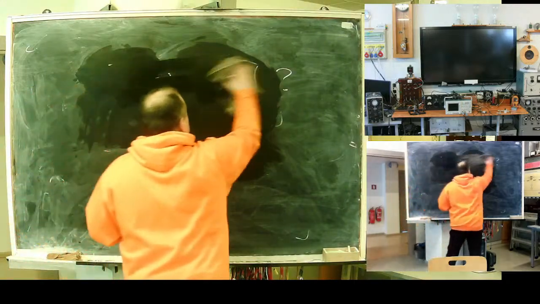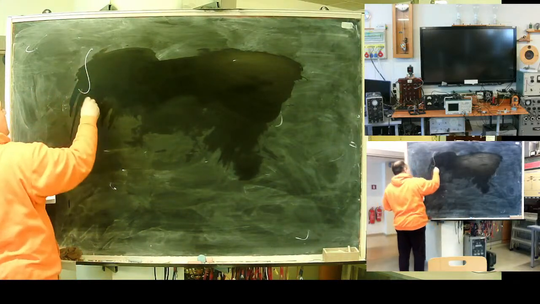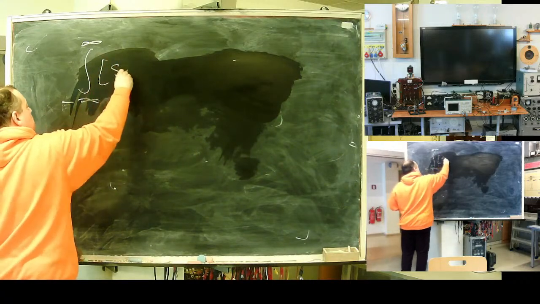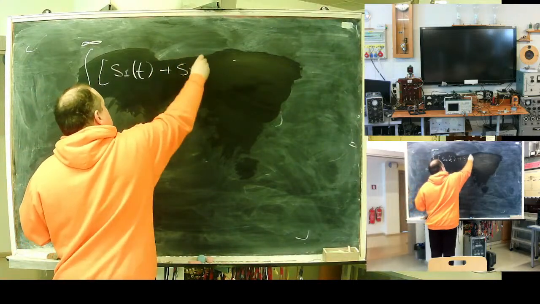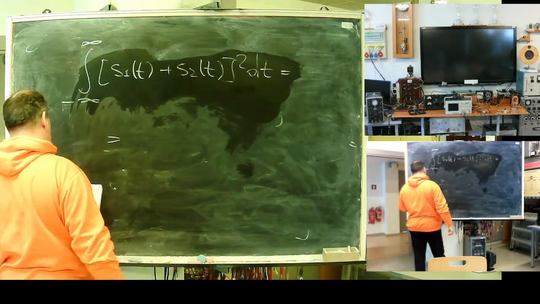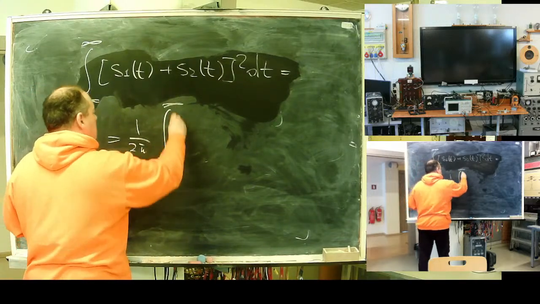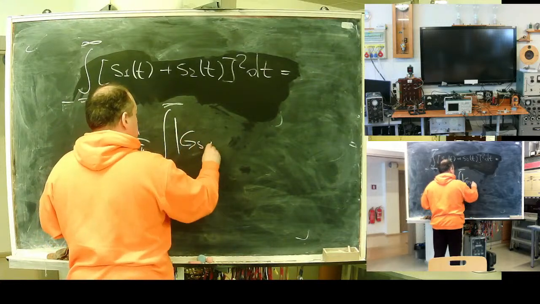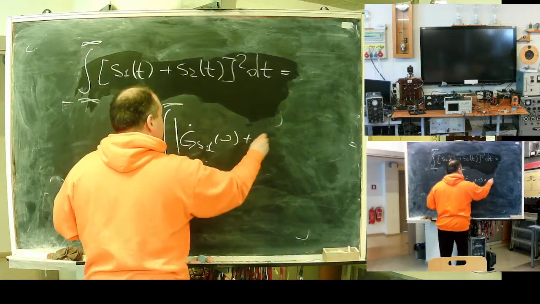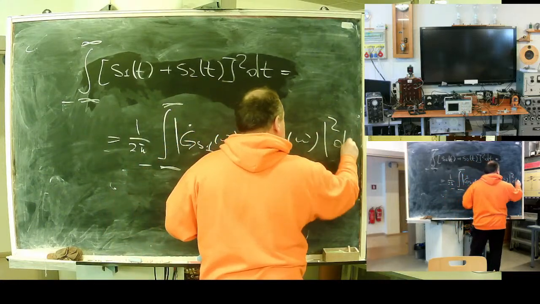The Fourier transform is linear. So, I can expect that the energy of S1 plus S2 equals 1 divided by 2π, integrating in infinite margins, the spectral function of the first signal plus the spectral function of my second signal, squared, dω.